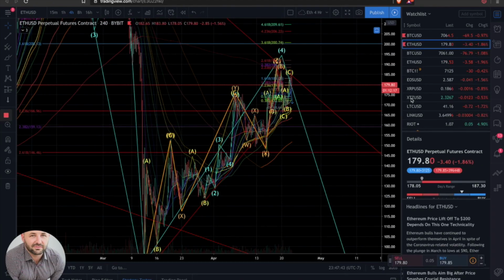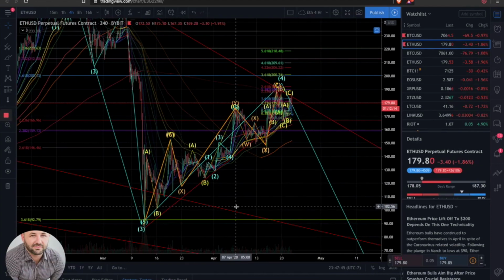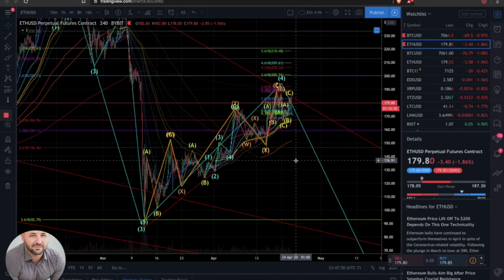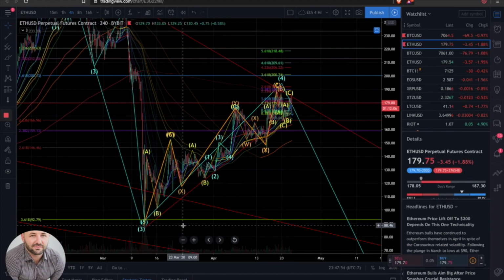One thing that I have seen out there is a potential leading diagonal, and from a symmetrical standpoint, I don't see it in my eyes.